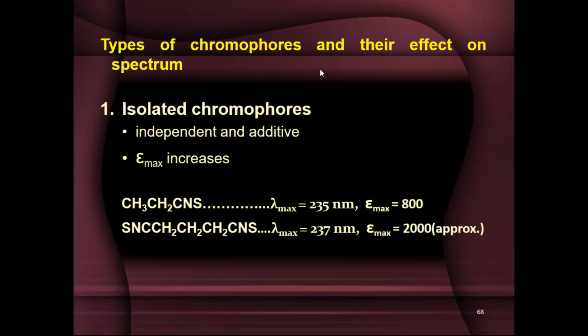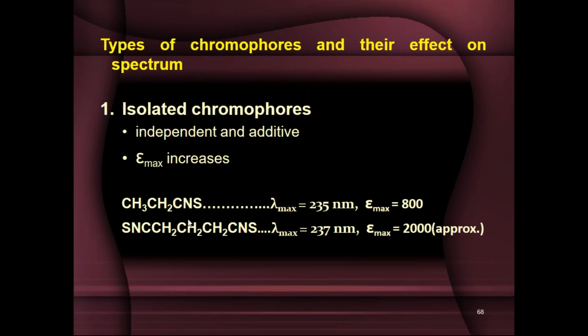Now, when you have two chromophores, how do they behave? Do they produce any effect on the spectrum of the compound? They actually produce an independent and additive effect, and you will see the epsilon max value increasing.